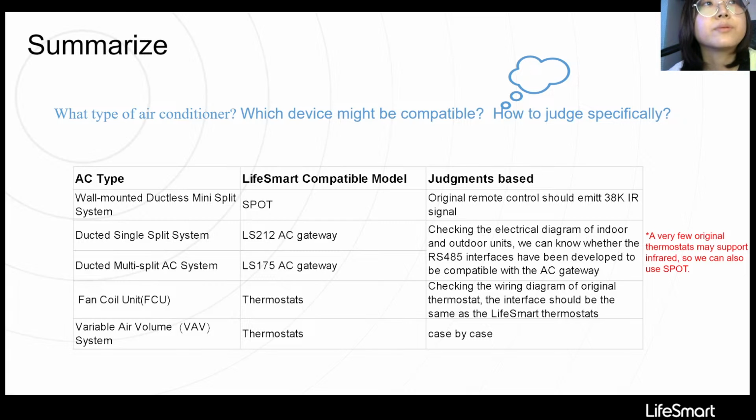The second type we introduced today is the ducted single split system. It consists of an indoor unit and an outdoor unit. LifeSmart product LS212 AC gateway might be compatible with this system.